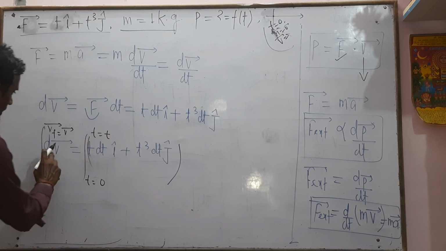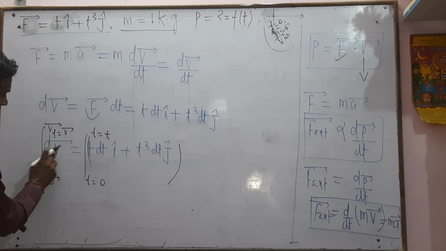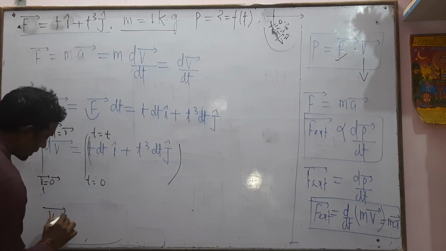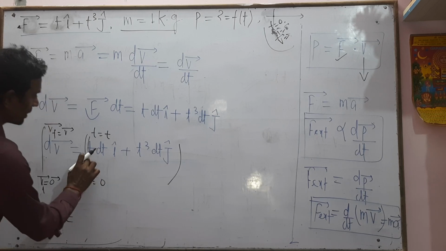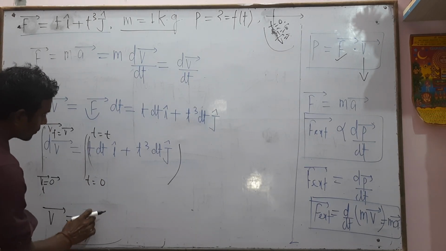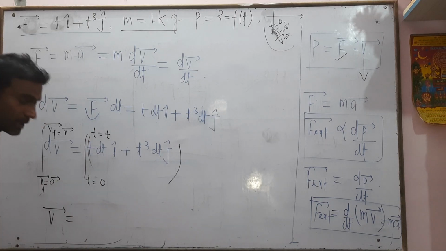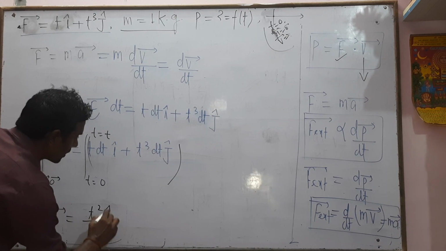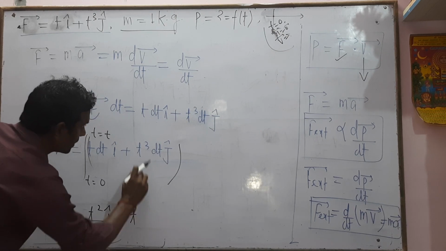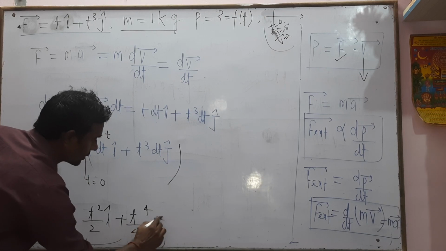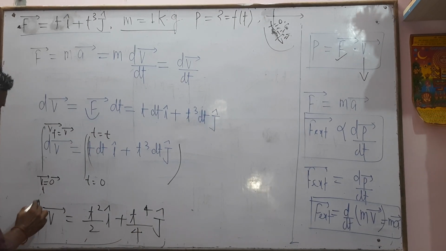So the integration of dv gives v. Putting the upper limit, v vector equals the integration of t dt i cap, which is t squared divided by 2, plus t raised to 4 divided by 4 into j cap. So this is the velocity vector.